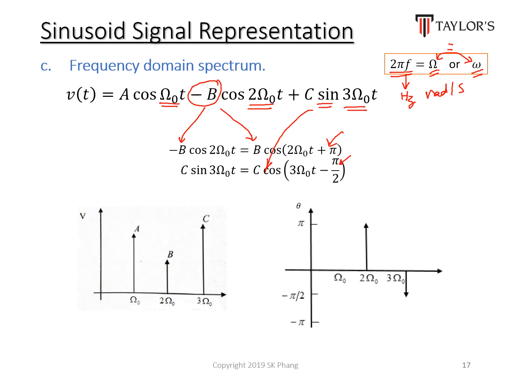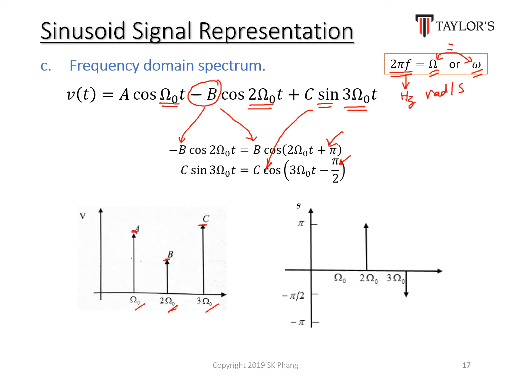And therefore, we can represent this particular graph as a cosine omega t plus b cosine 2 omega t plus pi, plus c cosine of 3 omega t minus pi over 2. Therefore, we have three spikes, one at omega naught, one at 2 omega naught, and the third one at 3 omega naught, and their magnitudes equal a, b, and c respectively.